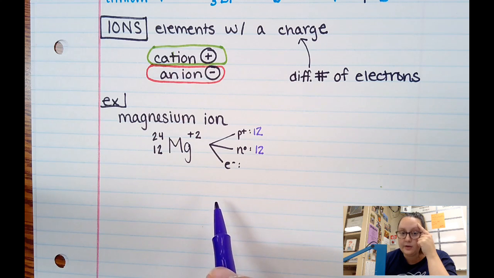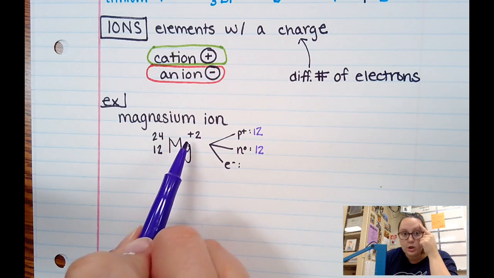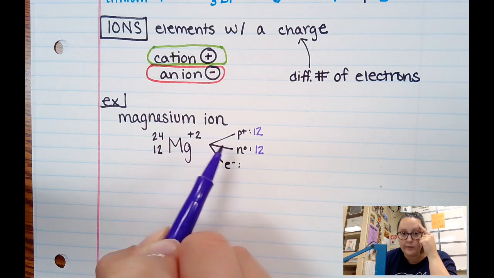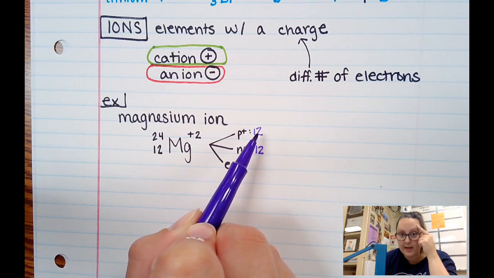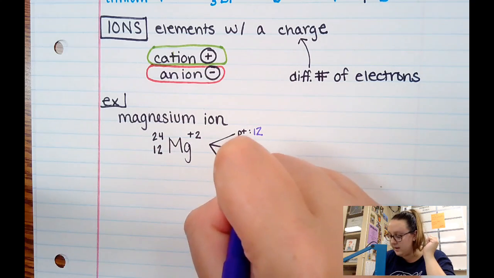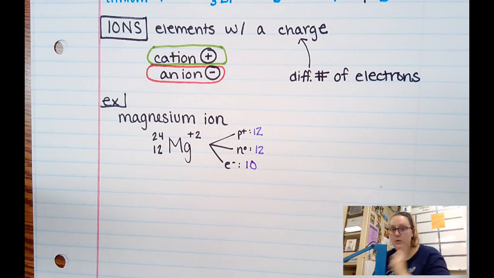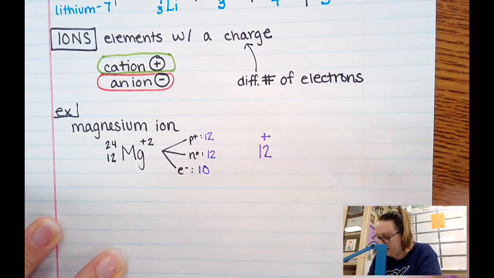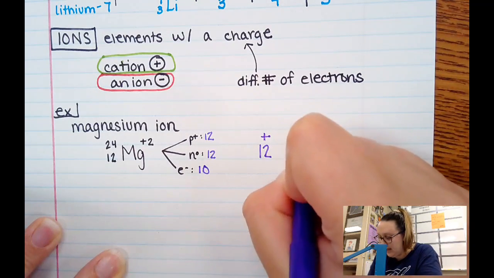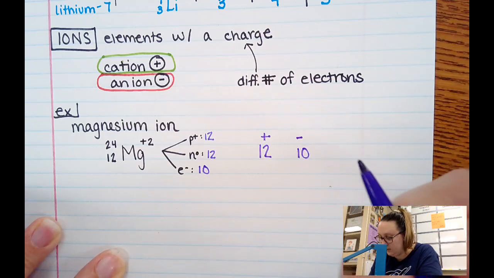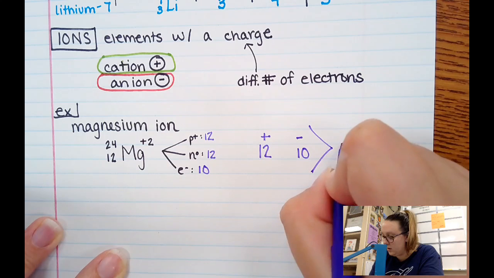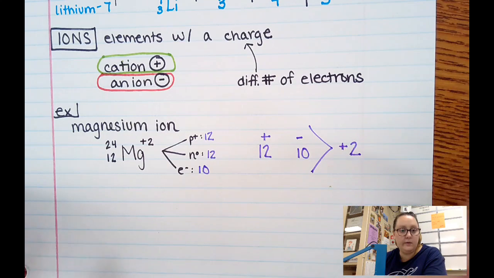How many electrons do we need to take away? 2. 2 negative things need to go away. We had 12 if we were neutral, but if we take 2 away, we will now have 10. Again, if you have 12 positives, 10 negatives, overall, that would leave you with a charge of positive 2.